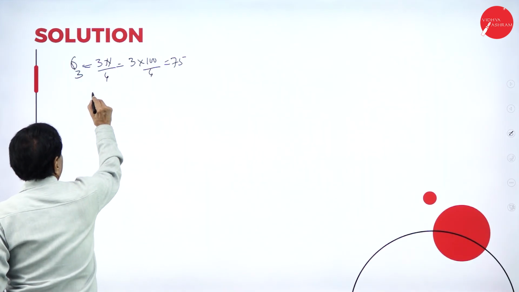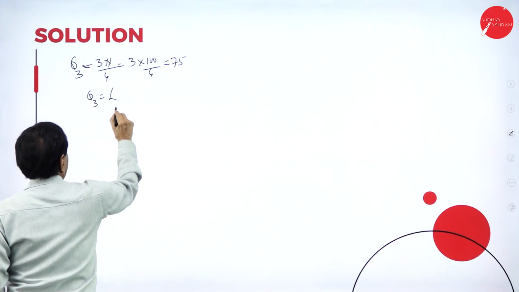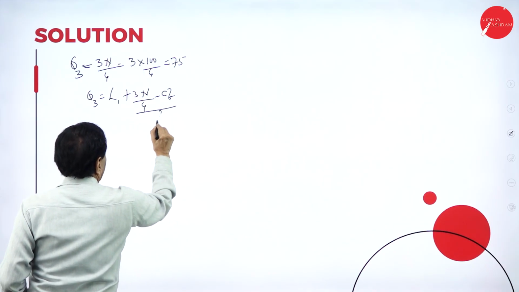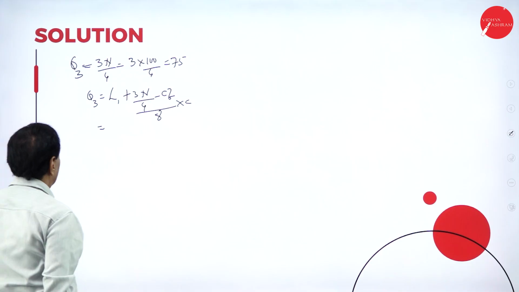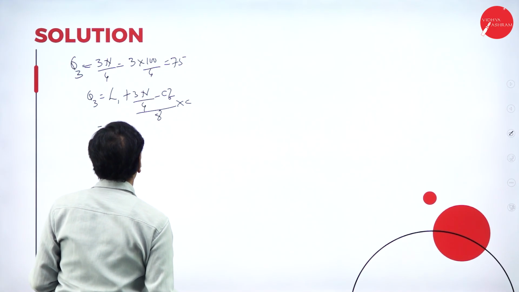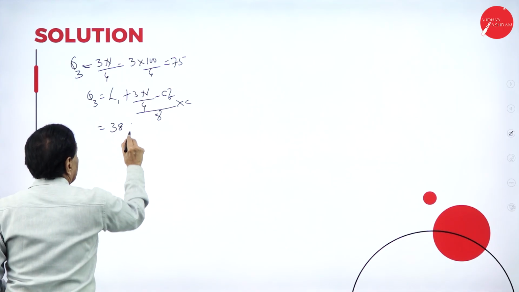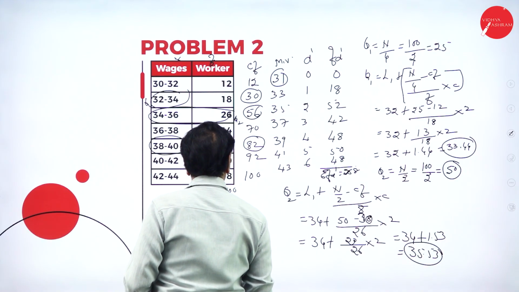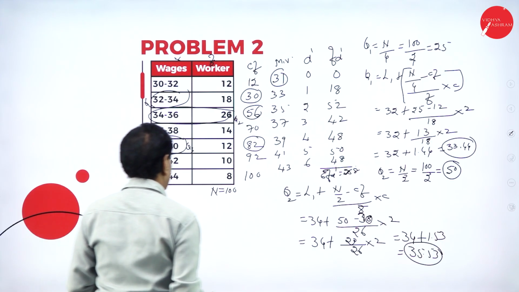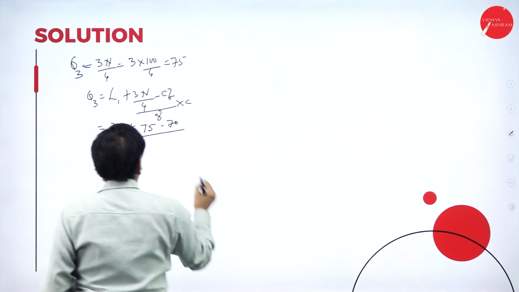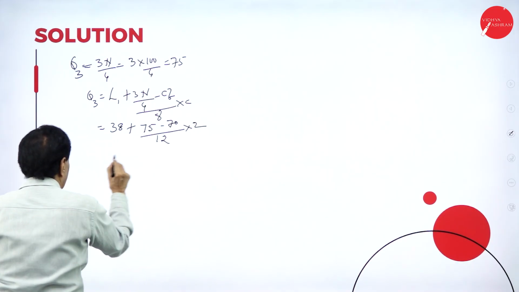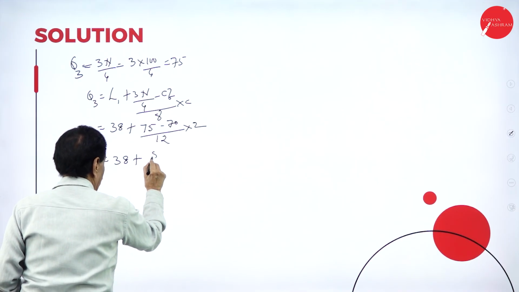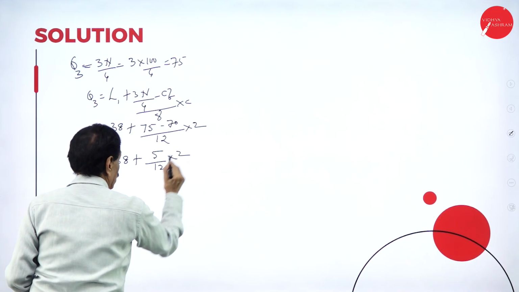Apply now: Q3 is equal to L1 plus 3n by 4 minus CF over F into C. What's your L1? 38 plus 3n by 4, 75 minus CF behind that is 70, divided by frequency 12, into 2. 75 minus 70 is 5 divided by 12 into 2.